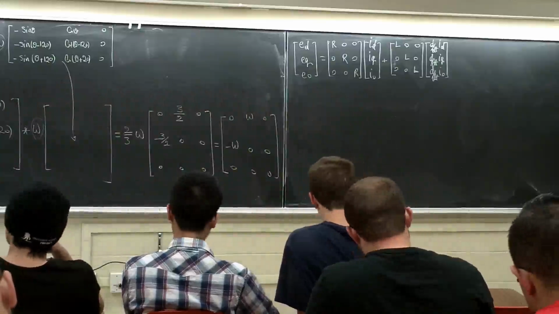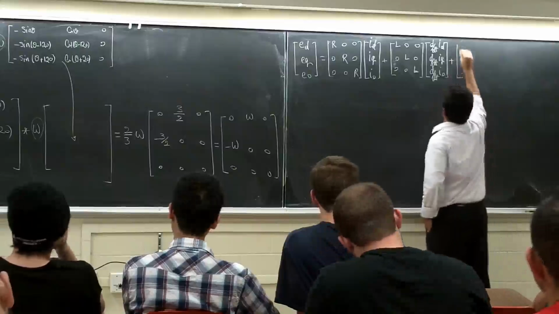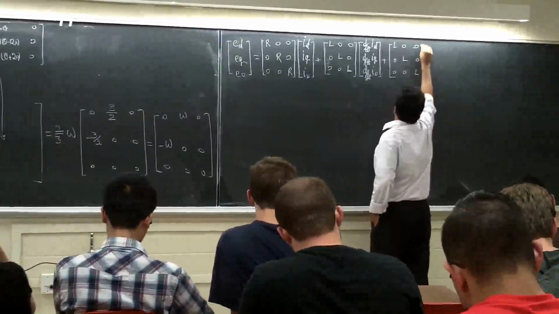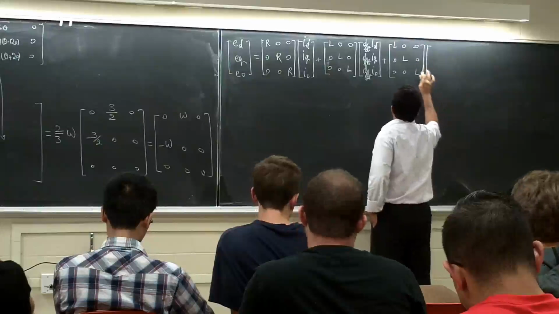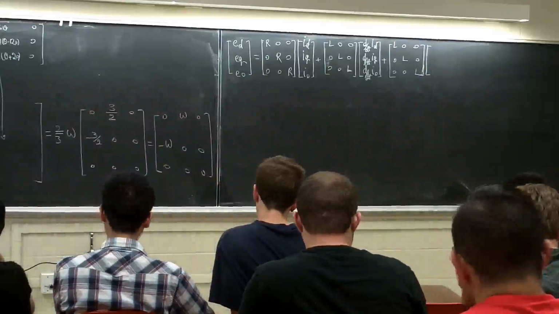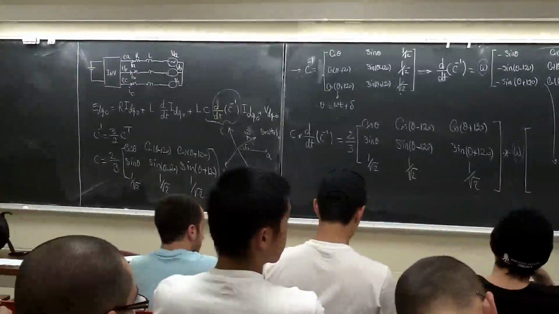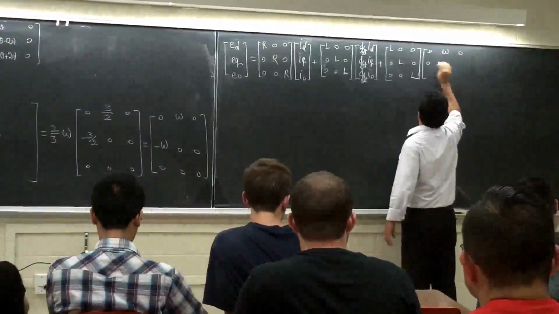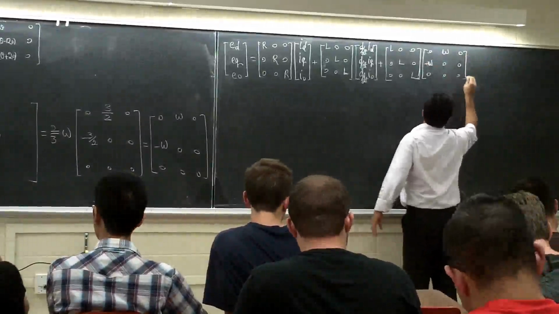L, wait, what is L? I have it here again, plus L 0 0, 0 L 0, 0 0 L times what? C d over dt C minus, which is that, right? Times this one. It's going to be 0 omega 0, minus omega 0 0, 0 0 0.